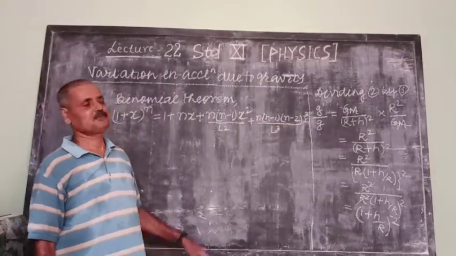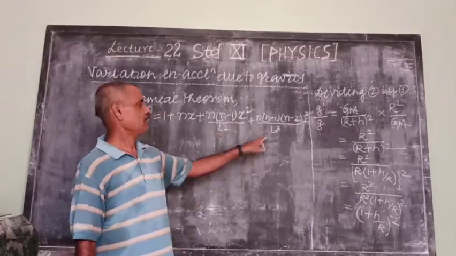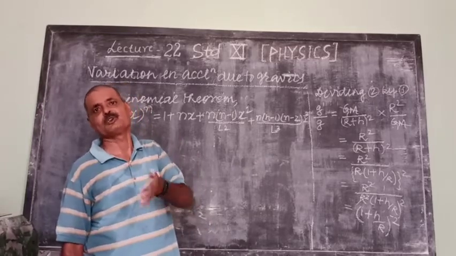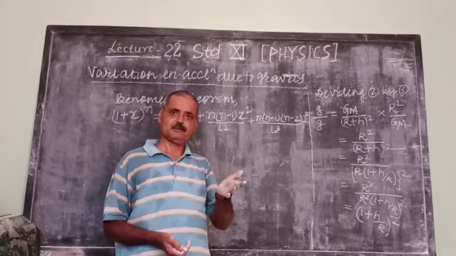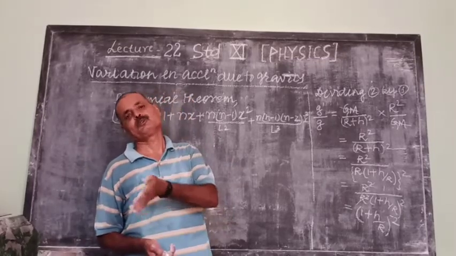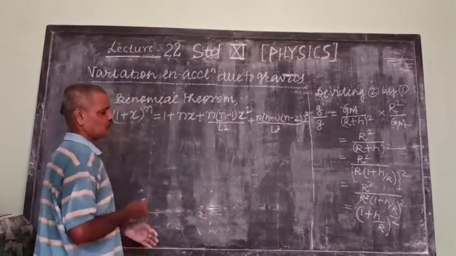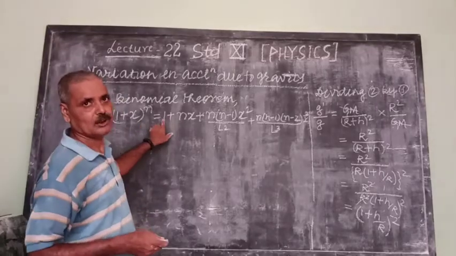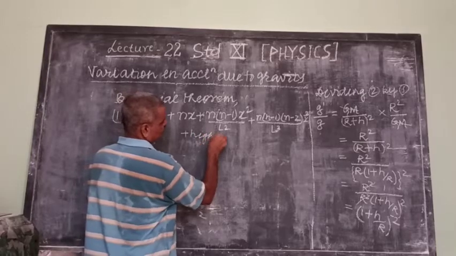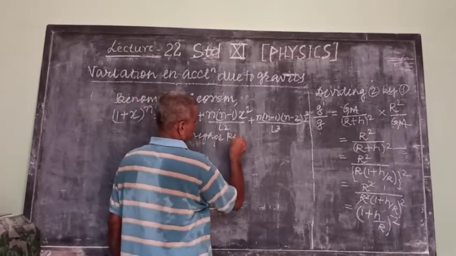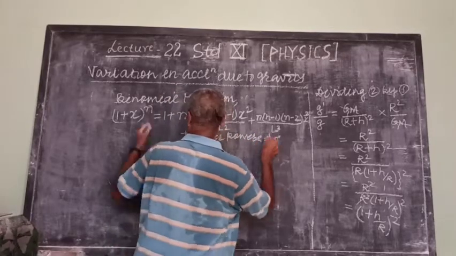Everyone is familiar with factorial. Factorial 2 means 2 into 1, value will be 2. Factorial 3 means 3 into 2 into 1. So what will be the value of factorial 5? 5 into 4 into 3 into 2 into 1. So this is the general formula, with higher powers of x.